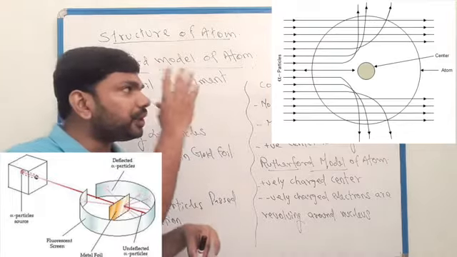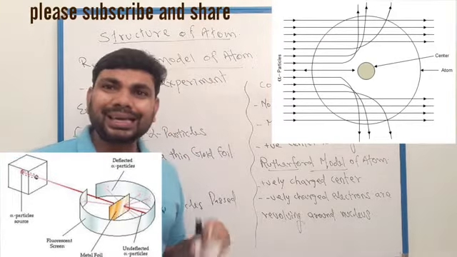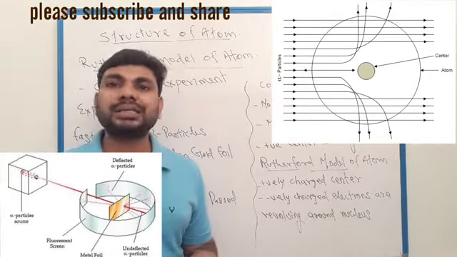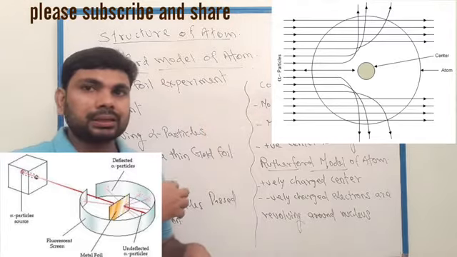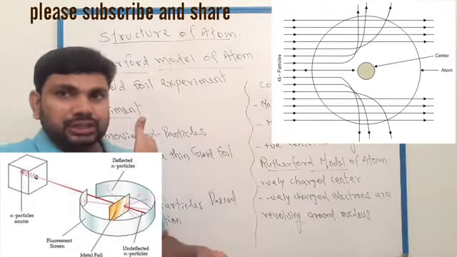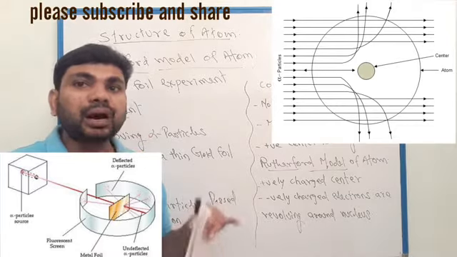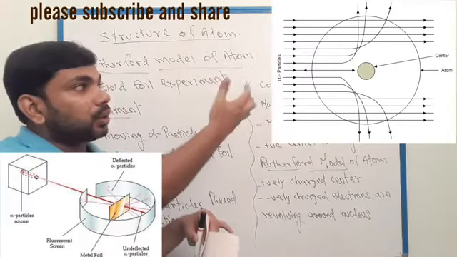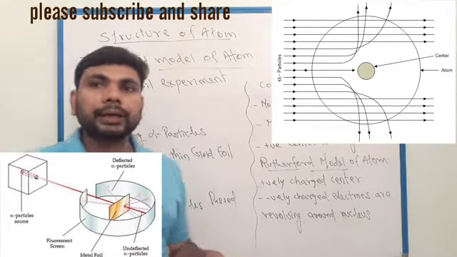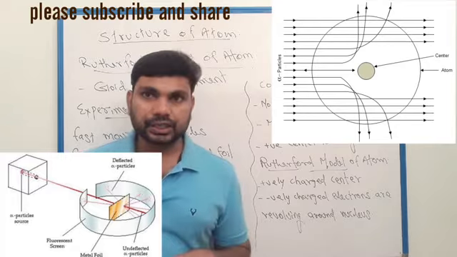Also very few alpha particles rebounded, reflected at 180 degrees. Very few alpha particles reflected, or came back. So this was the observation.